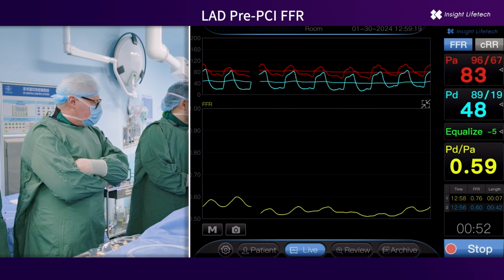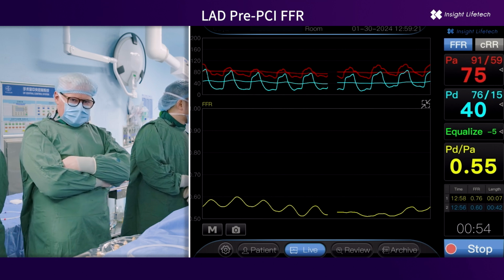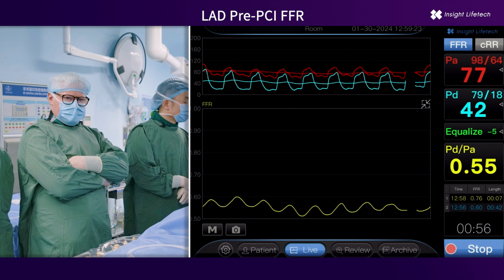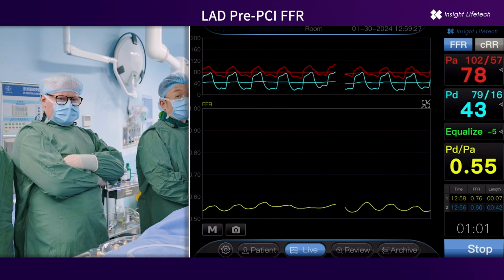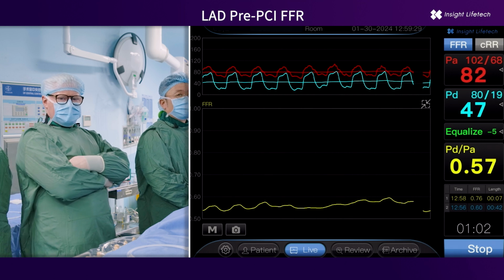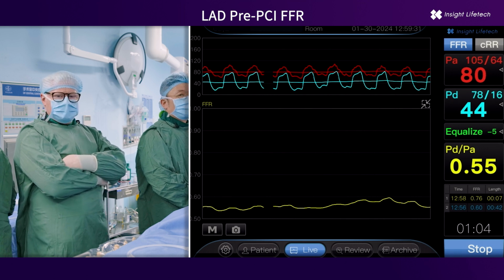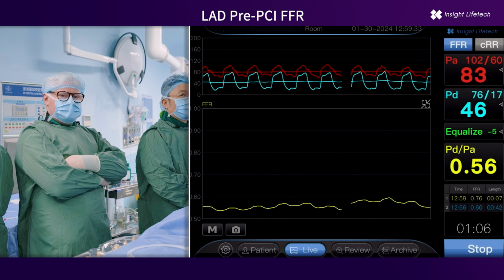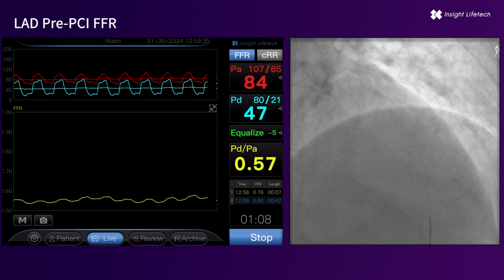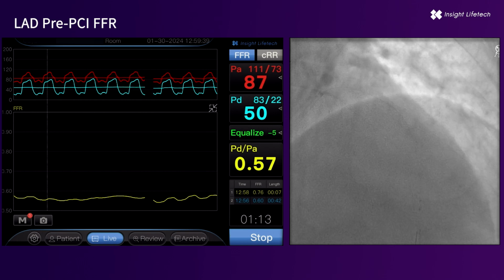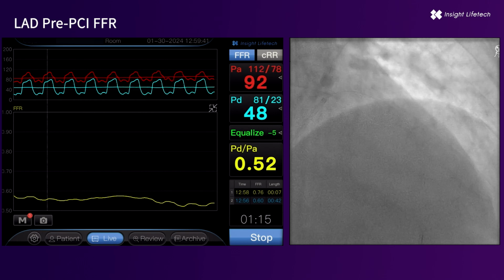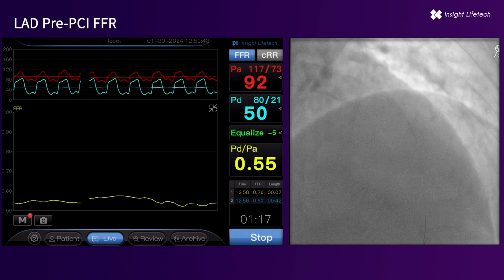Of course, the patient feels some chest discomfort. And as you see, the FFR value is 0.56, 58, 55, so it's really very significant. According to the outcome of the patient, this is a very good indication for revascularization.